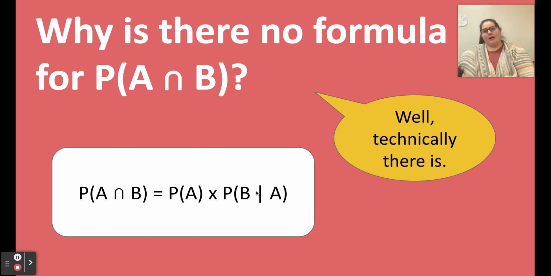So you might be wondering why, when we did that pig dice example, did we just multiply? Why did we not have to think about that given part? Well, technically that given part didn't affect anything. When I was rolling the pig dice, for example, let's say I wanted to know the probability that I roll feet on one roll and back on the next.